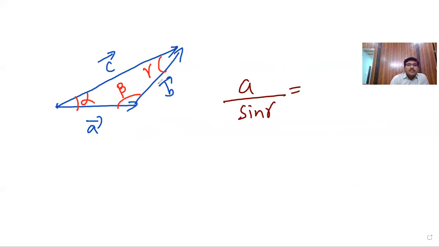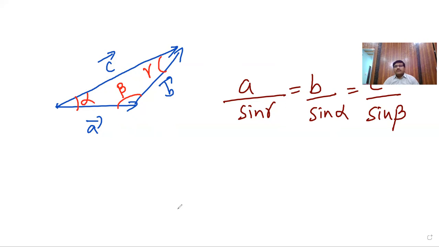Similarly, b is the magnitude of the b vector, and the opposite angle is sine alpha. For c, the opposite angle is sine beta. All these are magnitudes of the a bar, b bar and c bar.